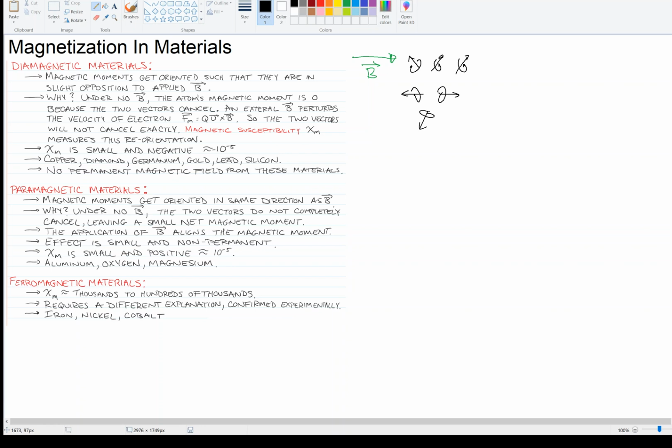And so you might consider, well, why is that? The idea is that when B is not applied, the atom's magnetic moment is zero, because those two magnetic moments cancel. Remember, each electron is spinning around the nucleus, and each electron is spinning around its own axis.